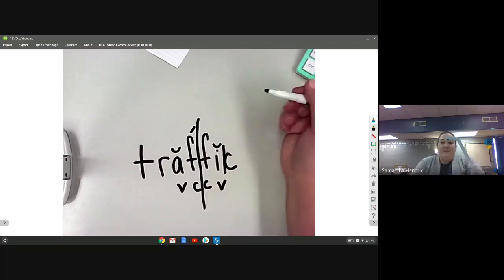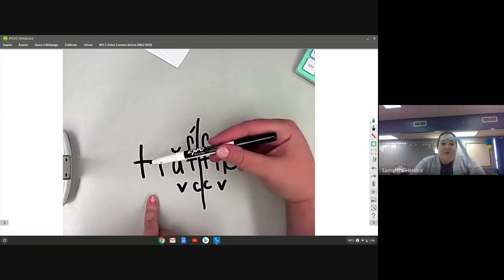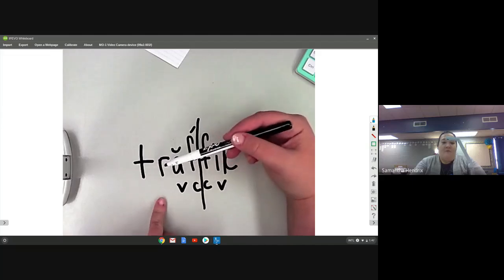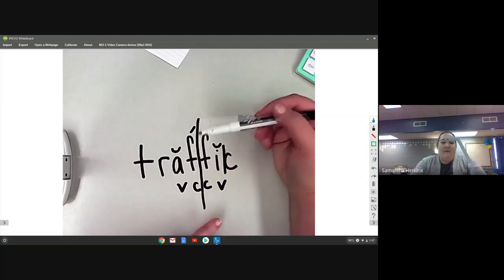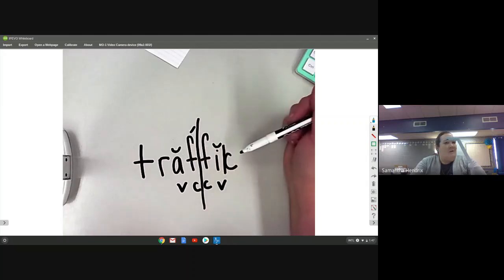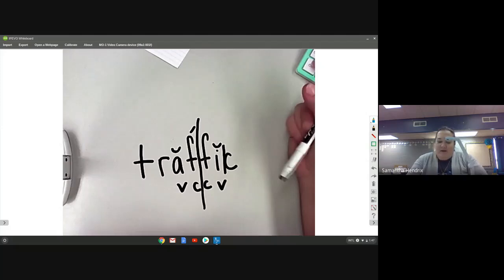I know it looks like a lot, but this is so we know how to pronounce our unknown words. So I want you to try to read this word. Okay, good. So we have t, r, af, ick. Does that sound like any words we know?